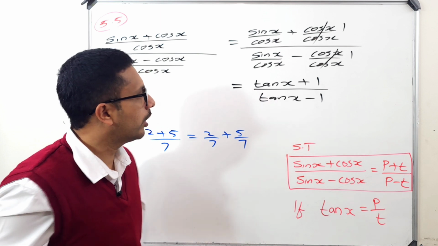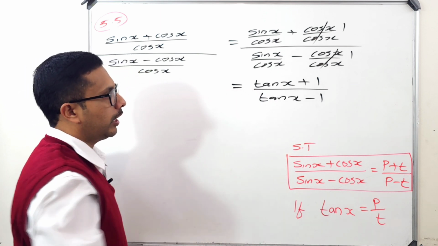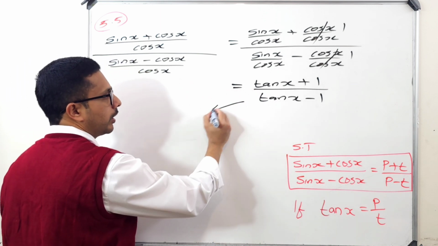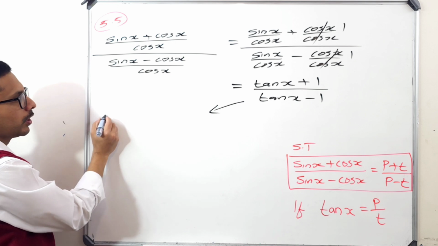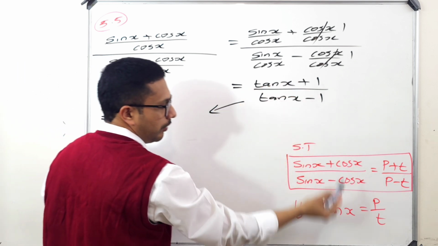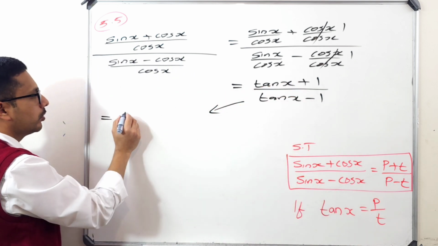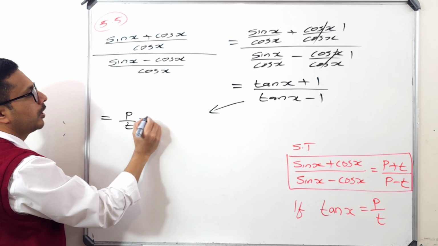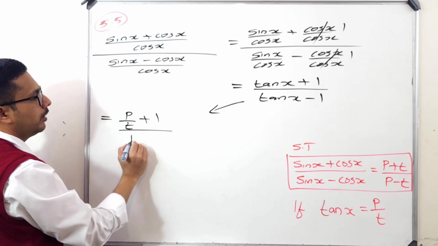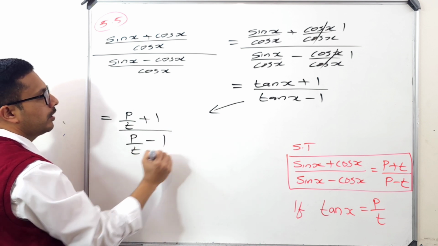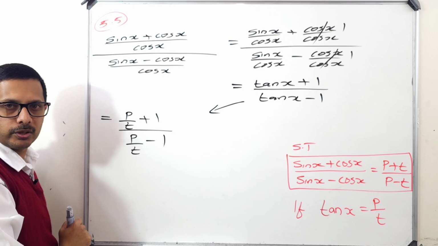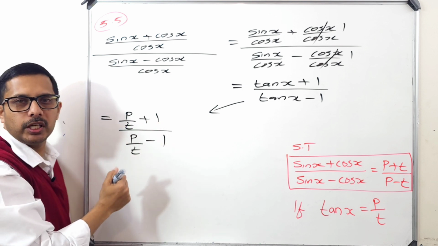Okay. So what we can do here, let me write the remaining steps of that one here. What is tan x given? P over t. So it is p over t plus 1, divided by p over t minus 1. Okay, so take the LCM. How can you take the LCM?